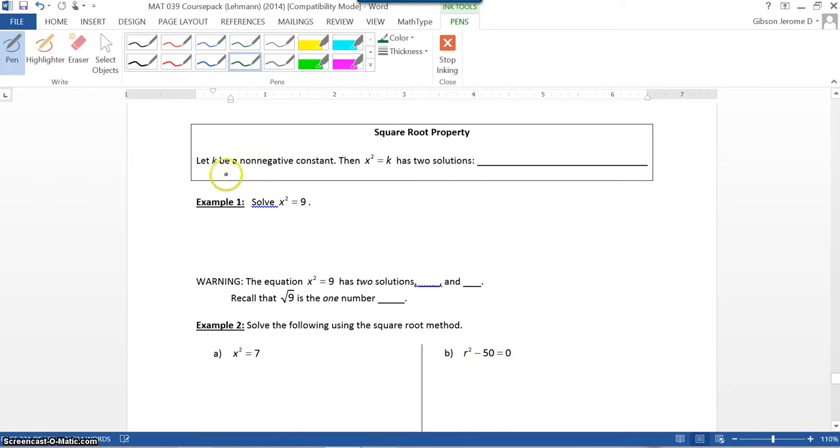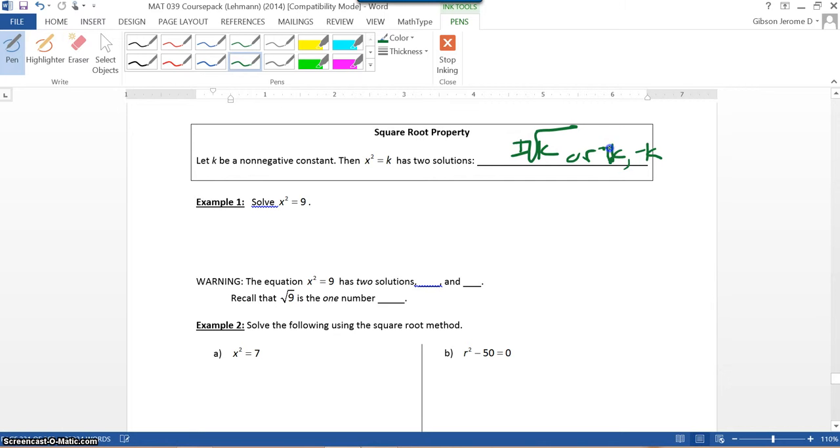Now the square root property. Let k be a non-negative constant. Then x squared equals k has two solutions. It'll be positive and negative k, or you could write it as k comma negative k. Now we want to solve x squared equals 9. So what we would do is, actually it's supposed to be positive or negative square root k.